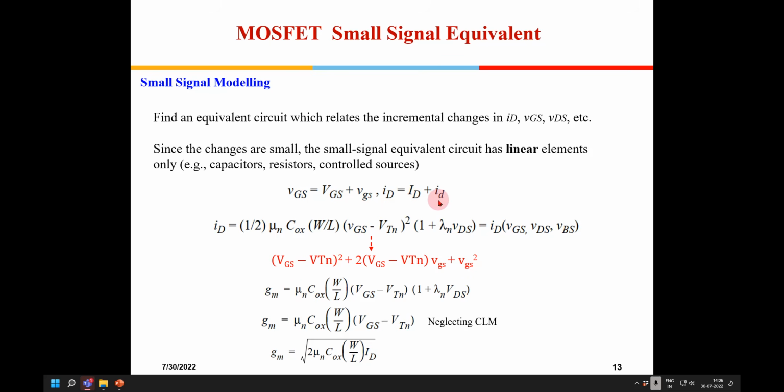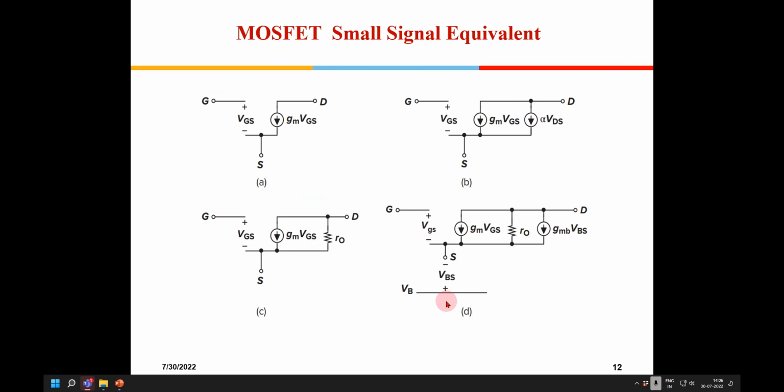So GM is actually d small i d by d small VGS. Sir, now if we go back to that diagram A part, this GM small VGS value is small i capital D or small i small d? No, small i small d.